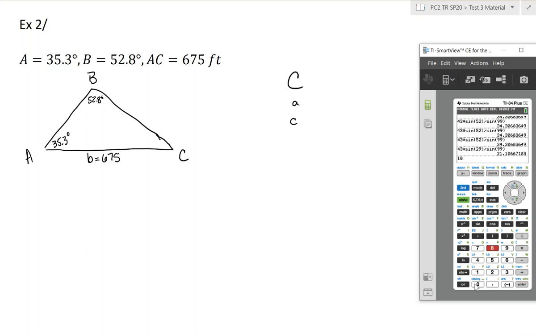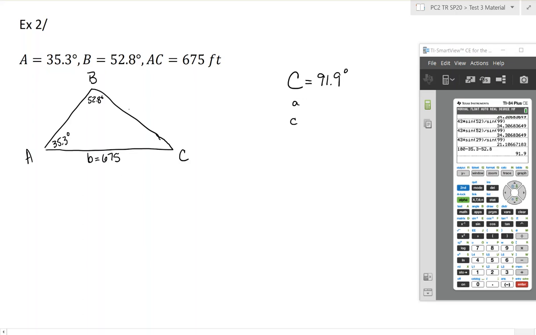Again, big C is easy to find. We just subtract the other angles from 180, and I get 91.9 degrees.